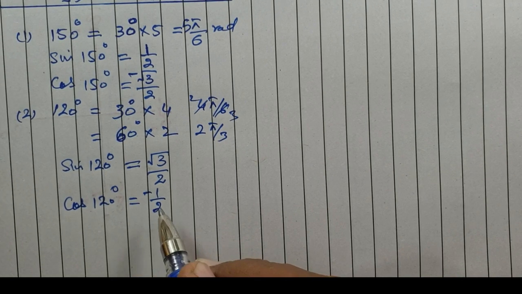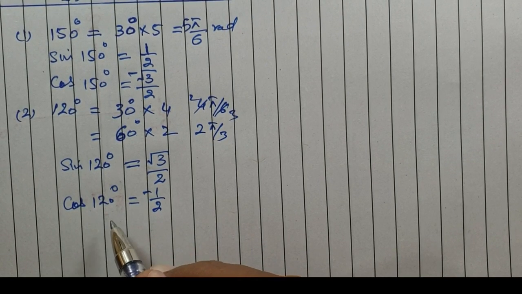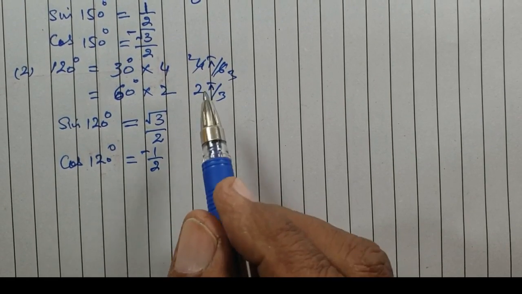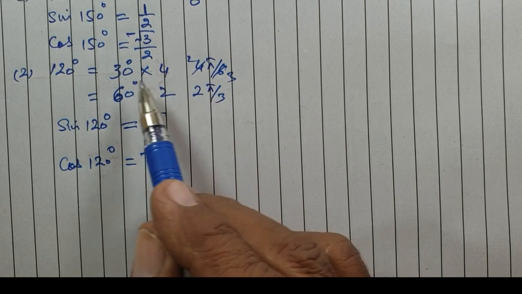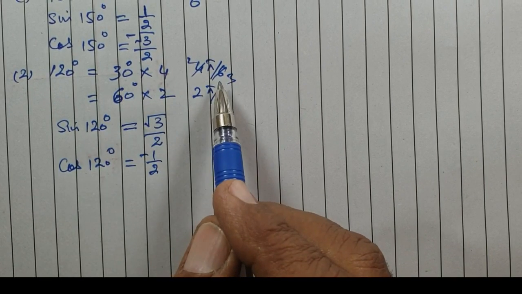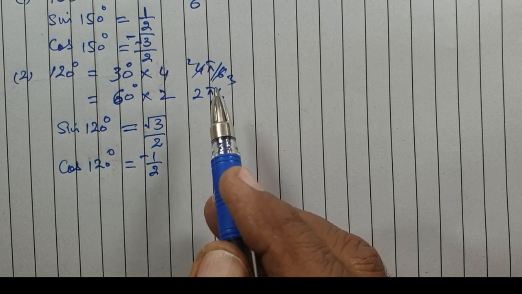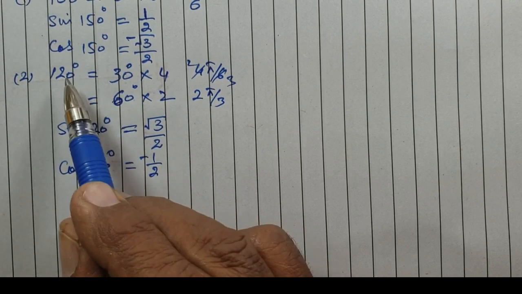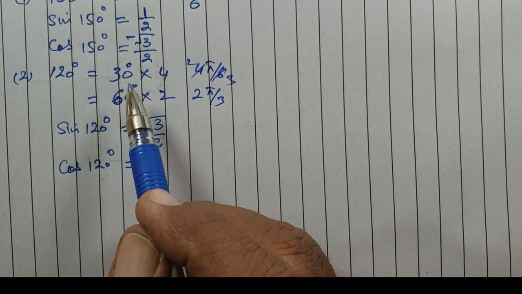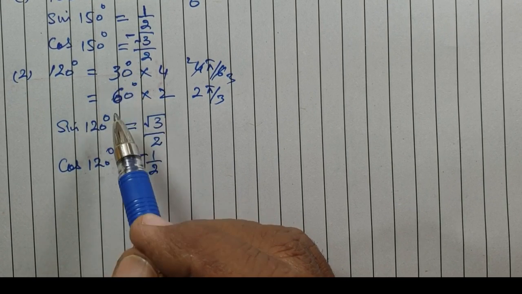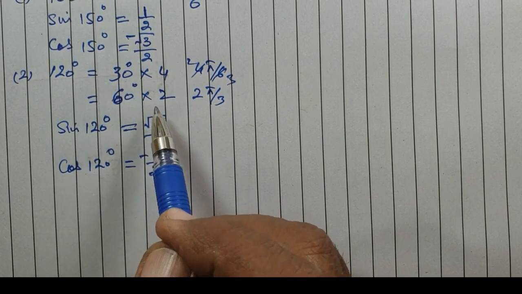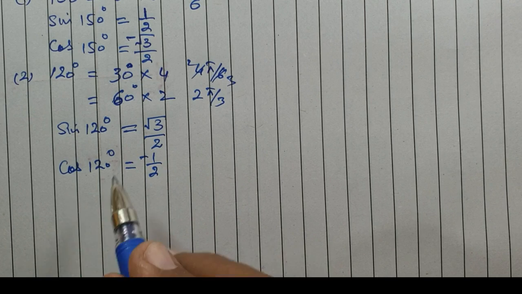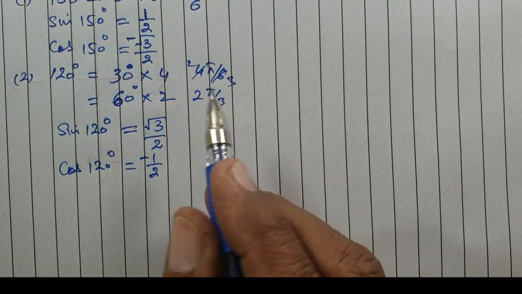It must be negative because it is the second quadrant, and in the second quadrant cos is negative. We change it in radian here because there may be a problem. There may be two multiples of 120. Like 240 also has two multiples, 30 and 60, and which value is correct for 120. Therefore we change in radian.